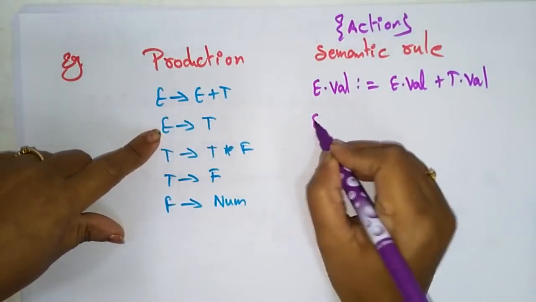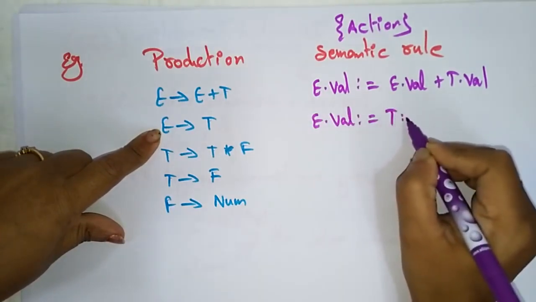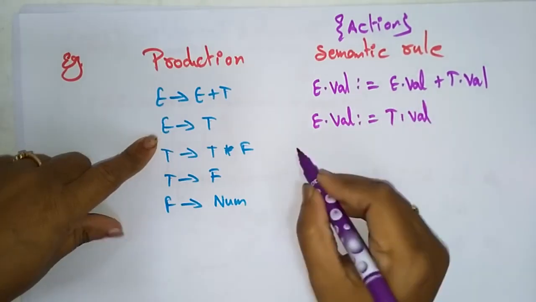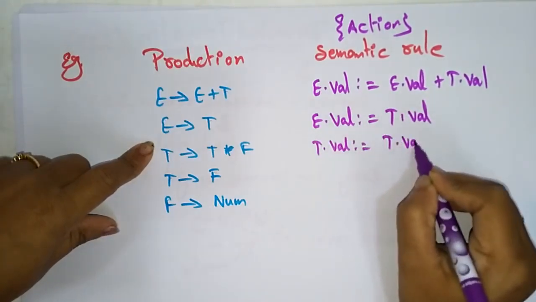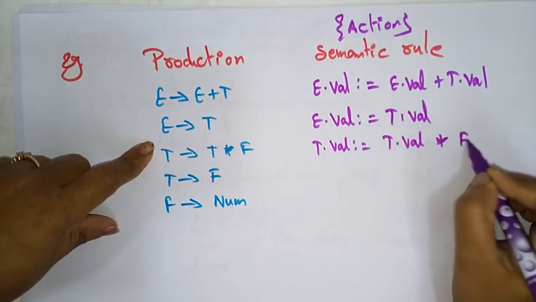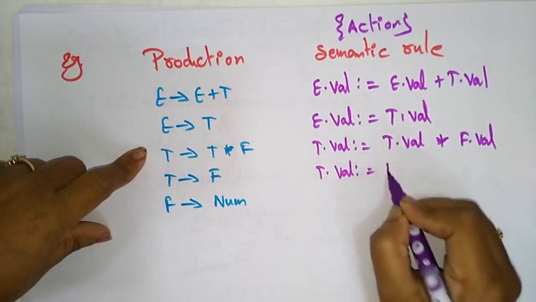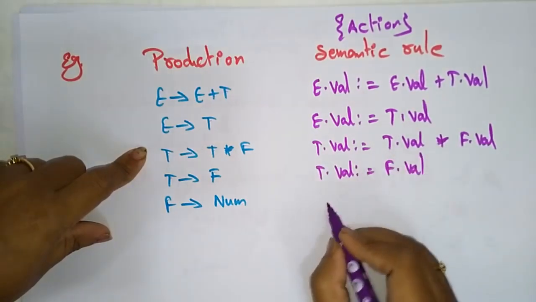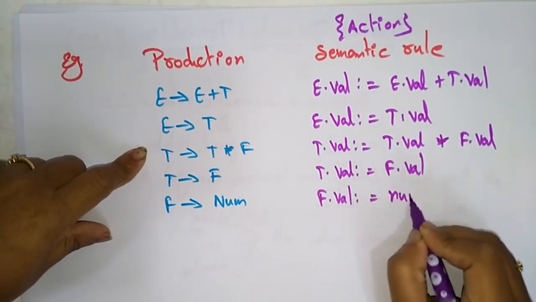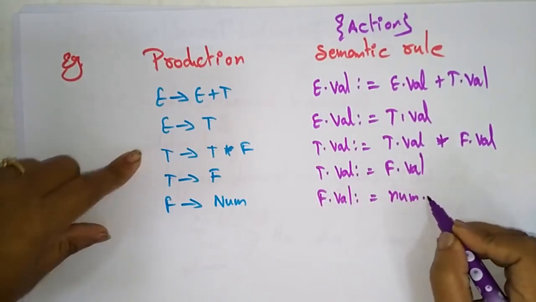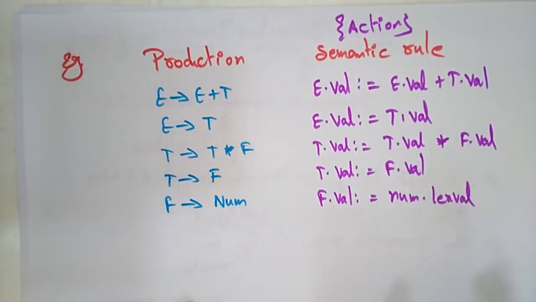Here the actions are: E dot val is equal to T dot val. T dot val is equal to T dot val star F dot value. T dot value is equal to F dot value. Finally, F dot value is equal to number dot lex value.